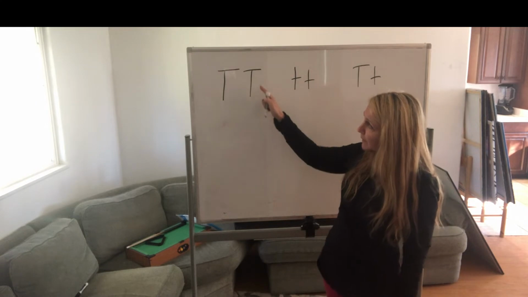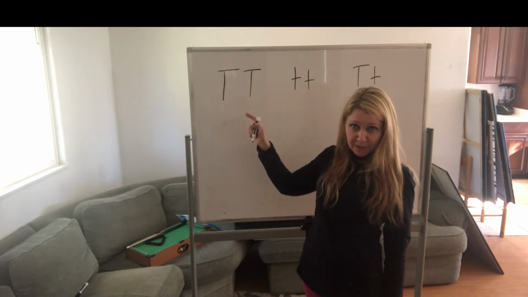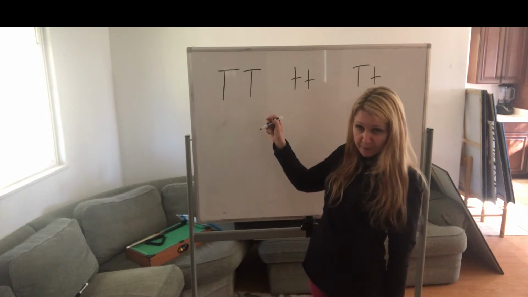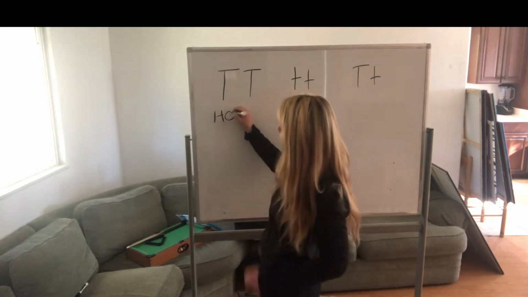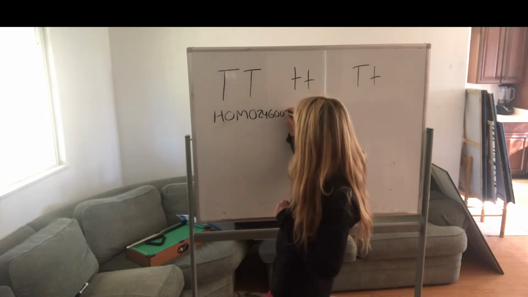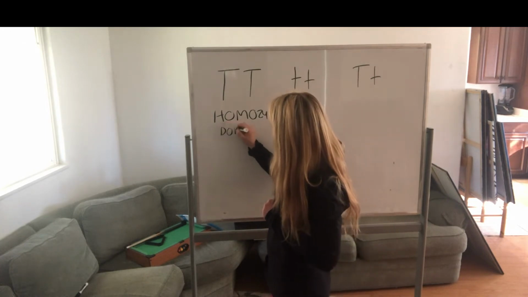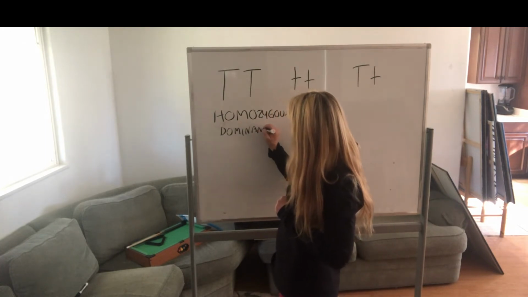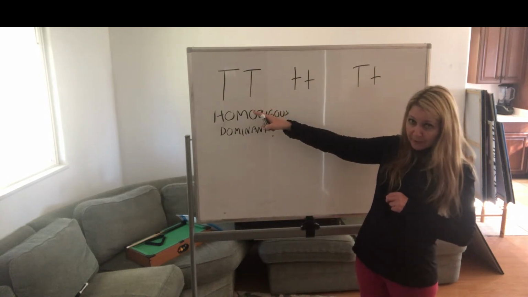And a plant that has this genotype, so this type of genes, which is called the genotype, is called homozygous, because homo means same. So homozygous, zygote, fertilized egg, dominant. And we know it's dominant because we're using uppercase letters to indicate the genes.